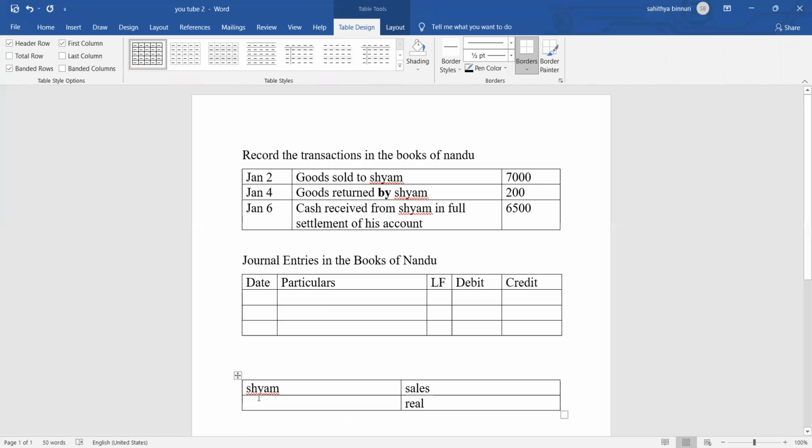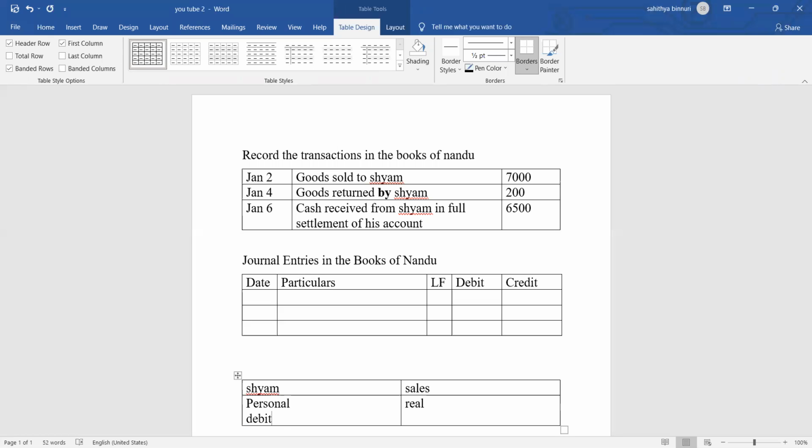And Sham always comes under the personal account because the name of the person is involved here. The principle of personal account is debit the receiver, credit the giver. Sham is the receiver of your goods, so the principle tells debit the receiver. That's the reason Sham is debited.